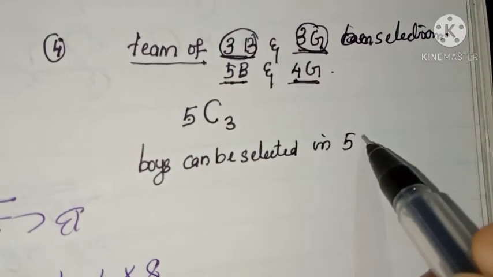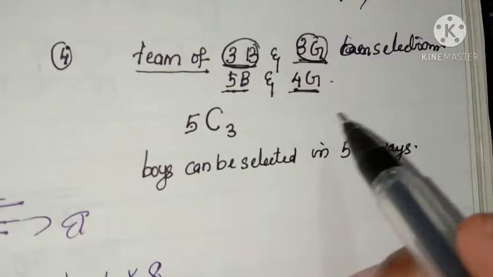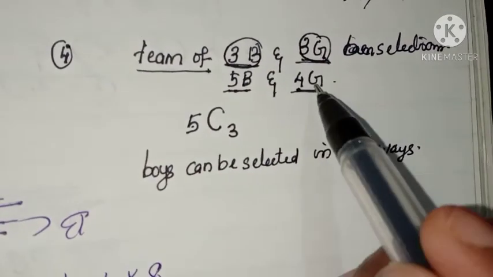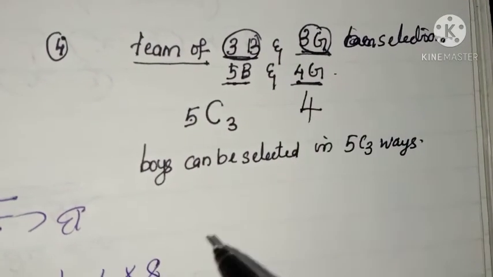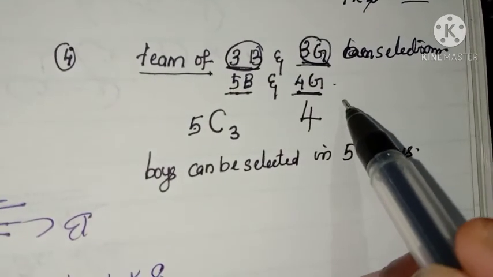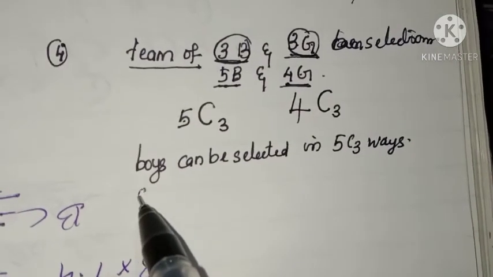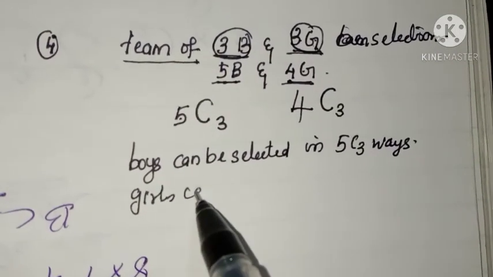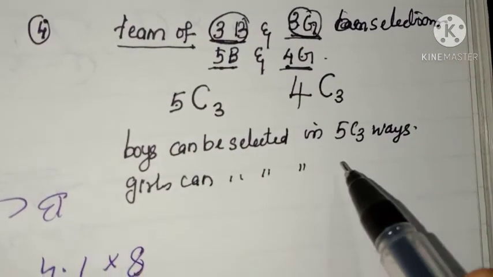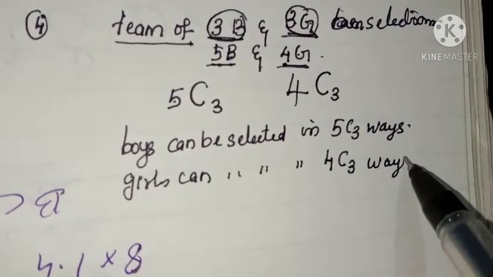Yes, in 5C3 ways. Now selection of girls. Total we have 4 girls, and we have to select 3 girls at a time. That is 4C3. So listen, girls can be selected in 4C3 ways. I hope it's clear to you.